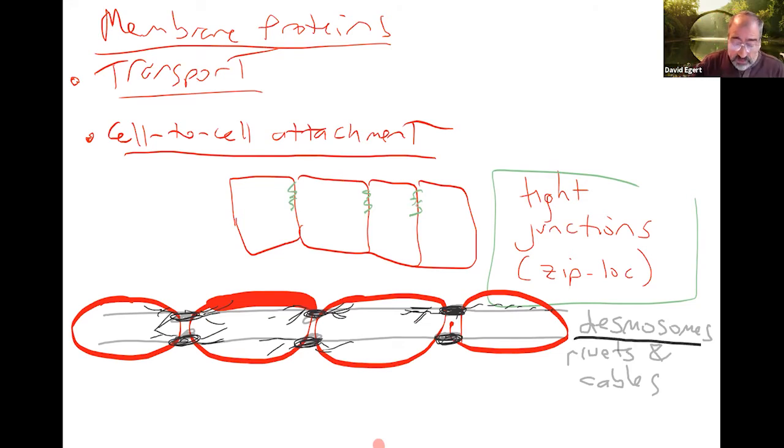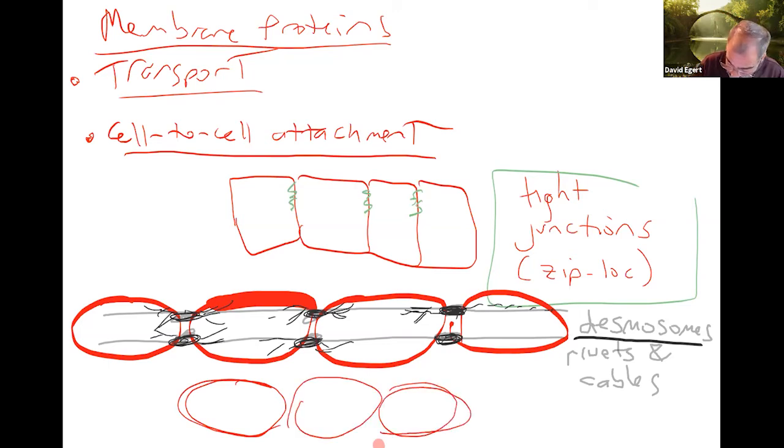The last kind of cell-to-cell attachment you need to know are the gap junctions. So here I have cells, and they're called gap junctions.